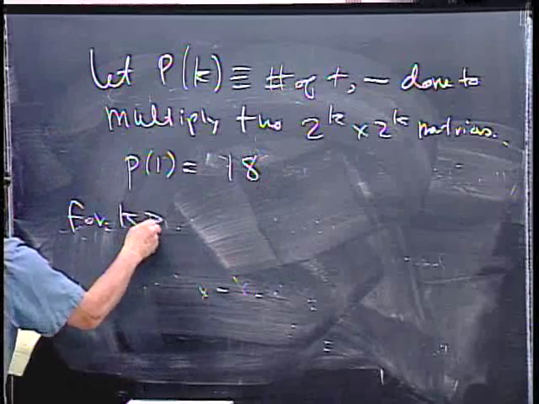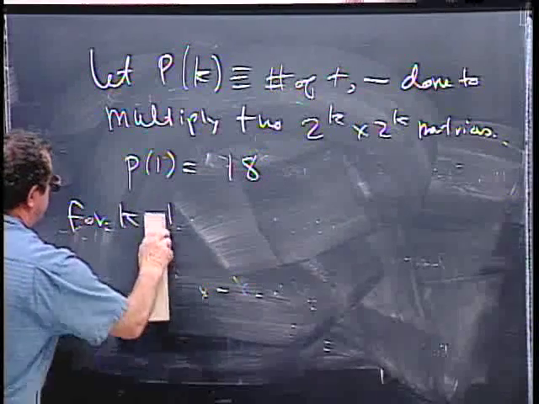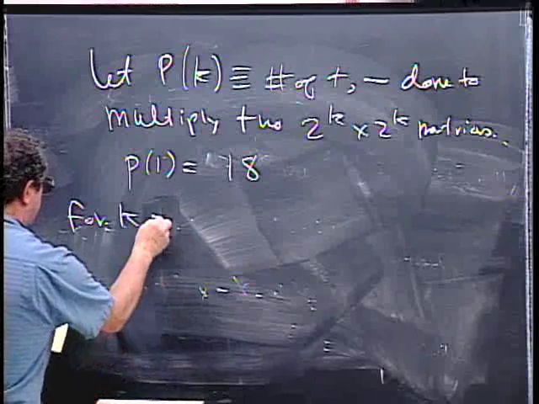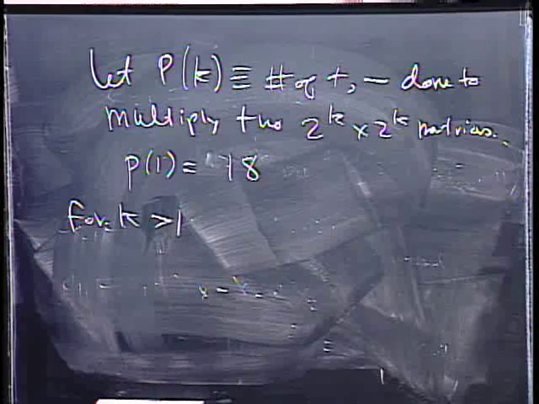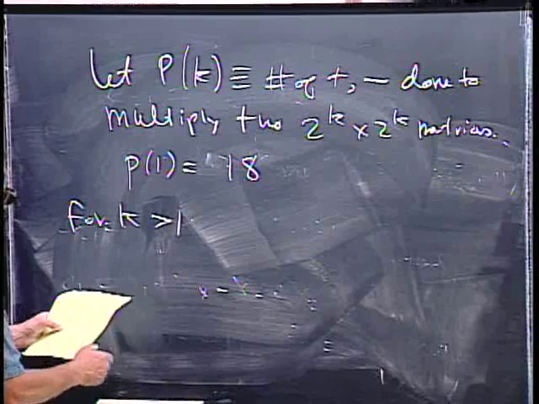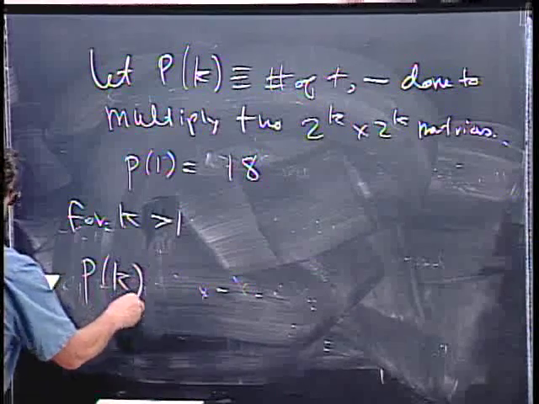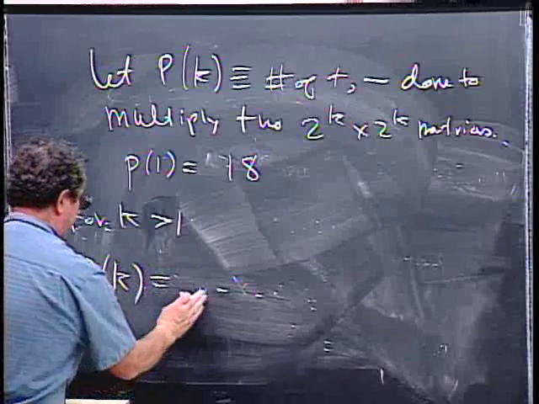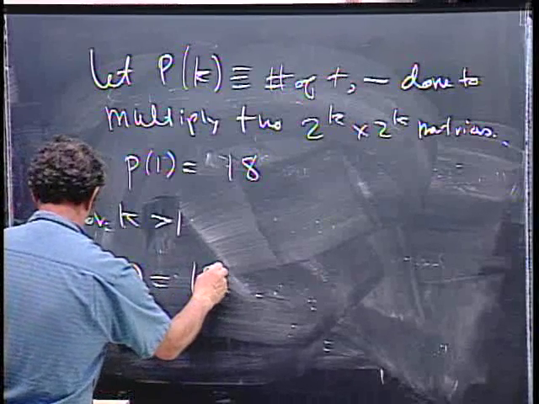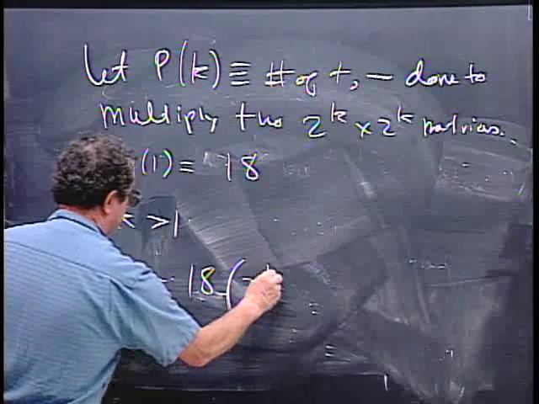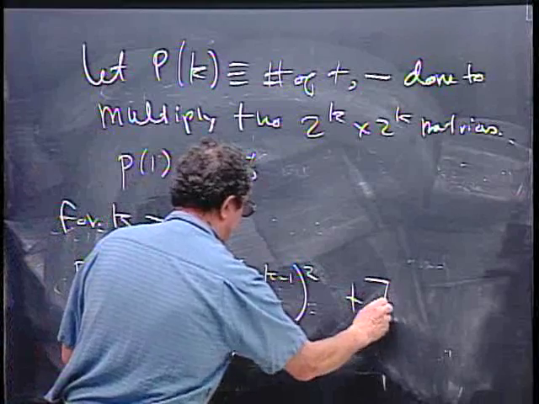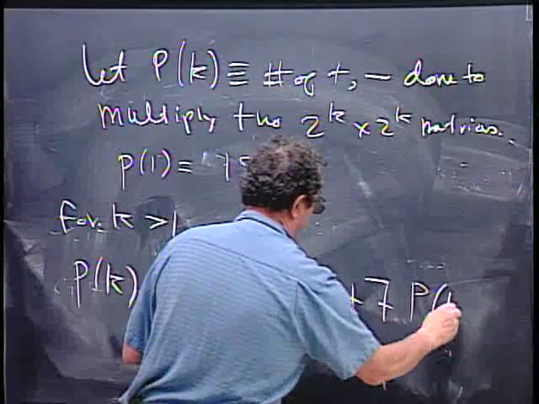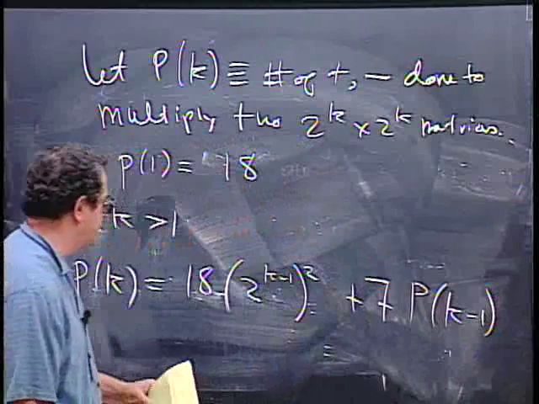Now for k greater than 1, well, let me show you what it is, and then I'll try to explain it a little bit better. P_k is equal to 18 times (2 to the k minus 1) squared plus 7 P_{k-1}. Okay, well, where does this come from?